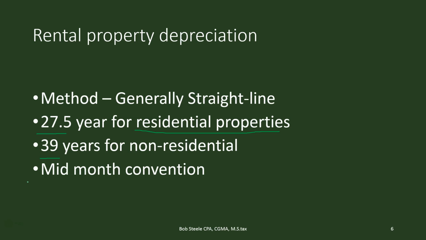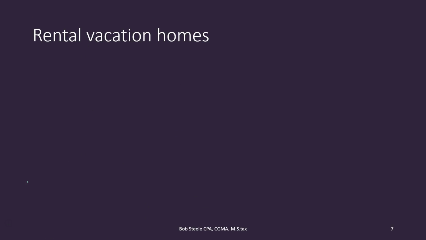We don't want to break it down to the days. We're just going to say it was bought in the middle of that month. And obviously in the second year, it'll be just the 1 year of depreciation. So that's how we're going to allocate the cost of the building over the useful life of it in the rental property.